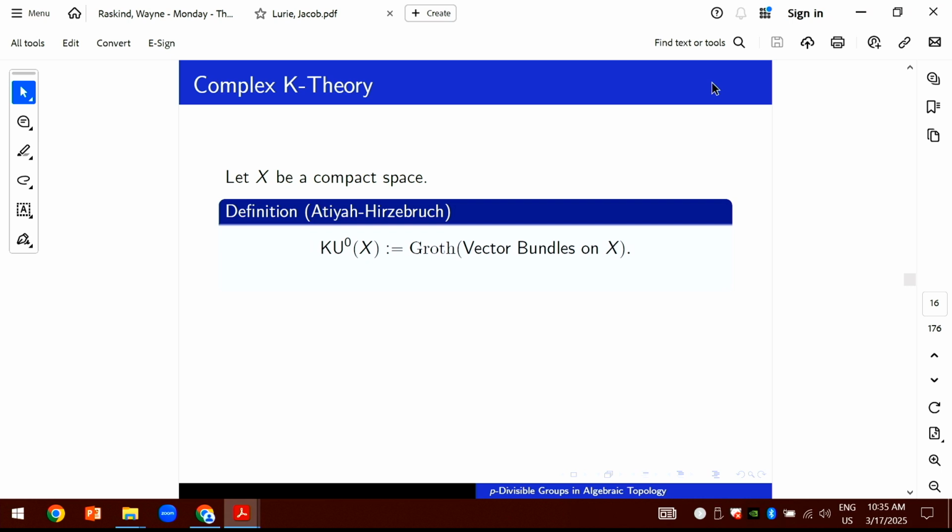You look at complex vector bundles on X up to isomorphism, and you observe that that has the structure of a semigroup. There's an addition law on complex vector bundles given by forming direct sums. Now that's not a group, because you can add complex vector bundles together, but you can't subtract them. So you form what's called the Grothendieck group by formally adjoining additive inverses. And that's denoted by KU0 of X.